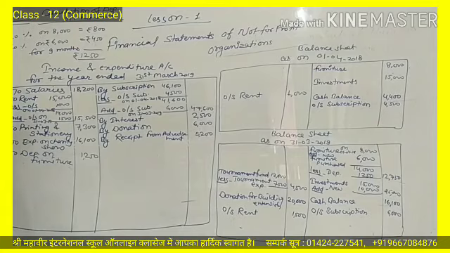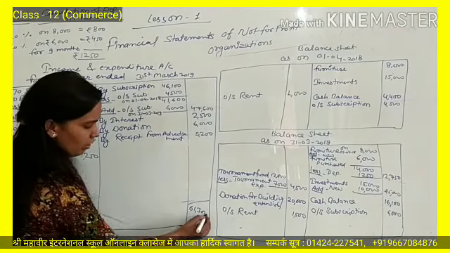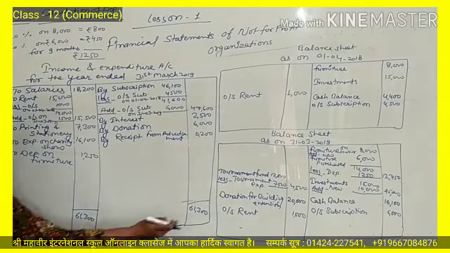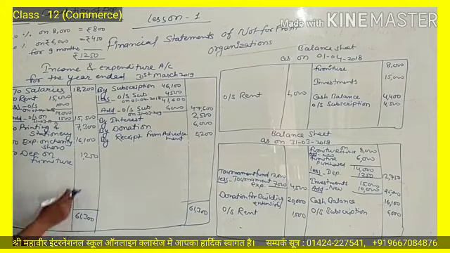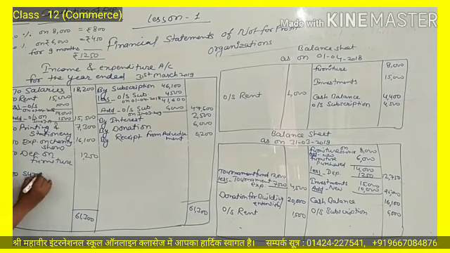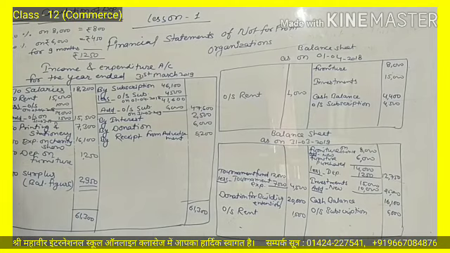So credit side total we have to put, that will be 61,300. Both totals will be the same, and out of the 61,300 you have to deduct all these items. Then you will get surplus. It will be the balancing figure. 2,950, this is your surplus amount.